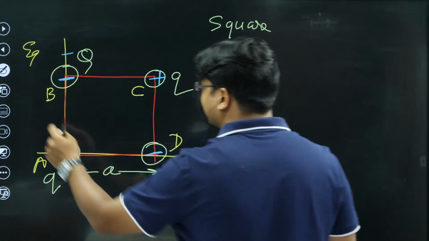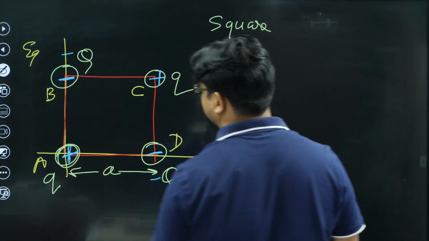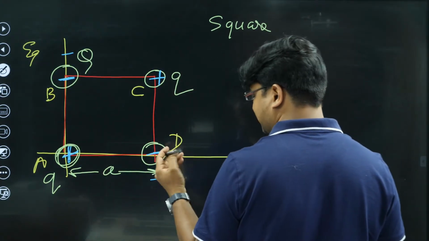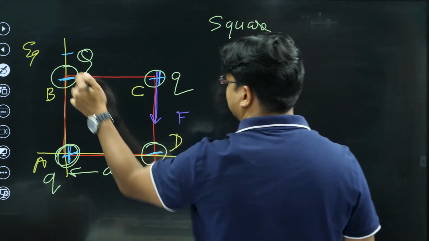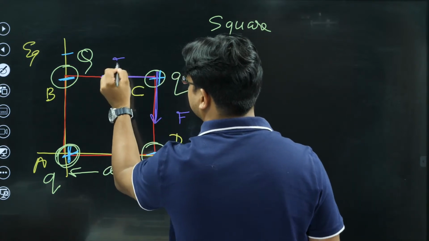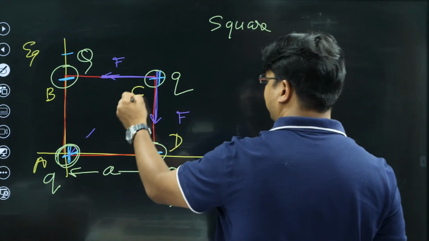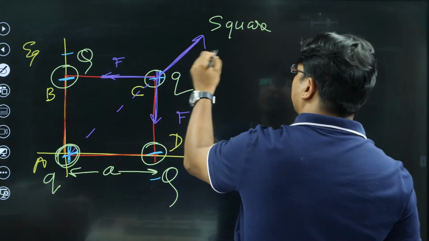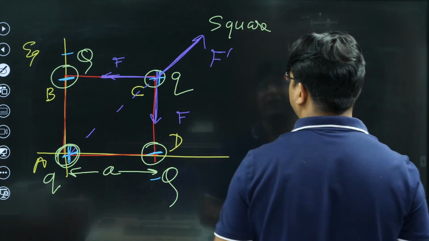Now what will happen is that this D charge, it's an opposite polarity charge, so it will attract with some force. This will also attract with some force, and A being of the same polarity, it will repel with some force, which we should not write as F. Let's call it F prime.